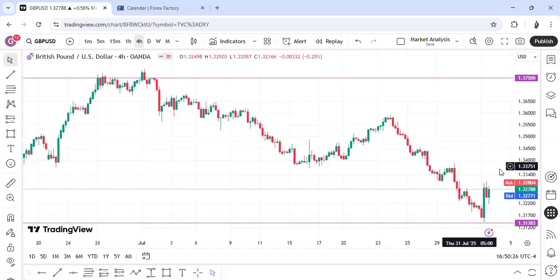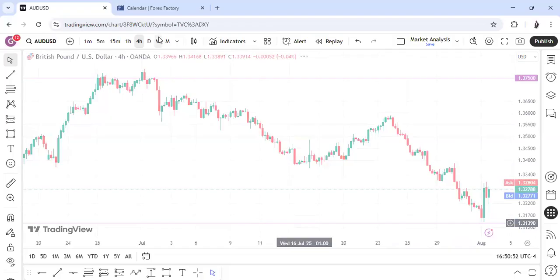If it gives you that kind of structure, expect a reversal from that point, as long as the order block mean threshold is not violated, and the dollar still goes bullish upward, respecting the bullish order block on the daily time frame. That area I showed, if it respects that, and this also respects the bearish order block here, then we're going to see a movement of price to the downside on GBP USD.